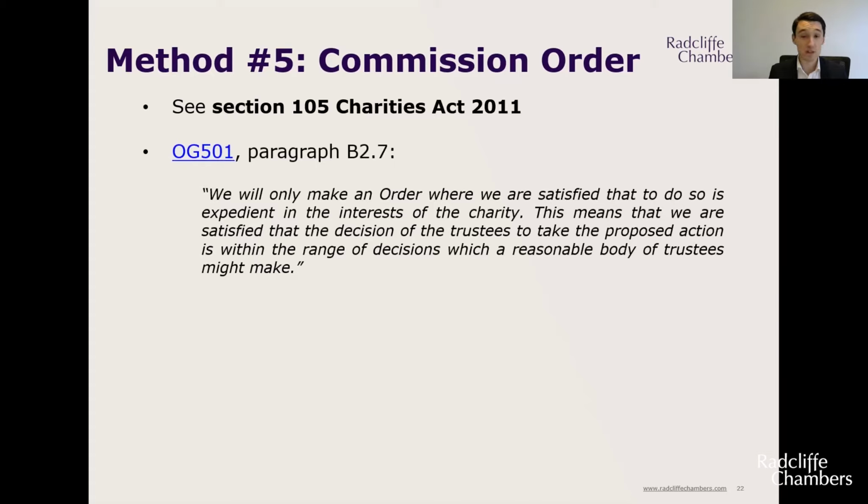Firstly, the trustees cannot make the transfer themselves, so there's no express power and they can't rely on 268, for example. Secondly, there's no more efficient way of dealing with the matter, for example, by the Commission giving advice under Section 110, or allowing the trustees to treat this as a de minimis transaction. And thirdly, it's our magic phrase, making an order would be expedient in the interests of the charity.